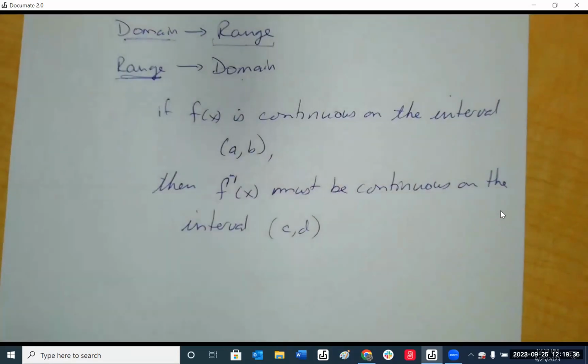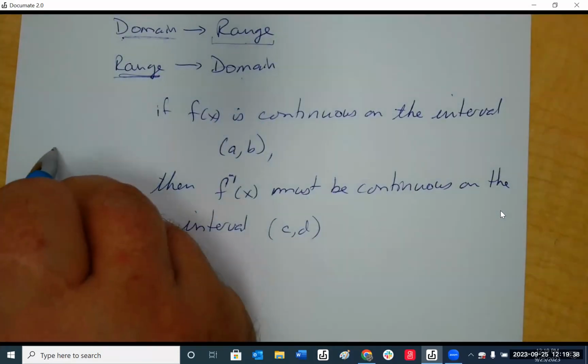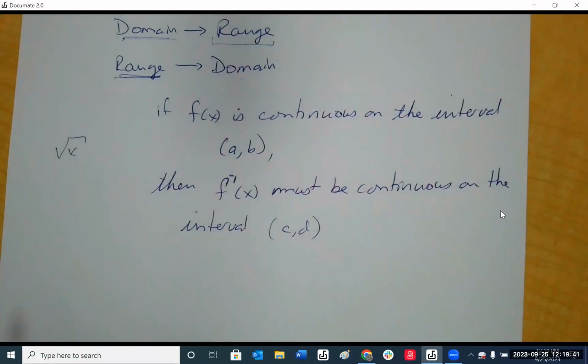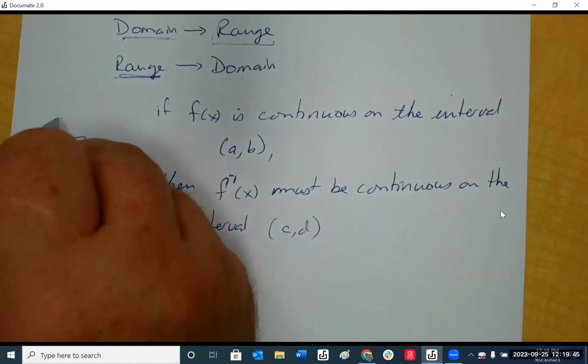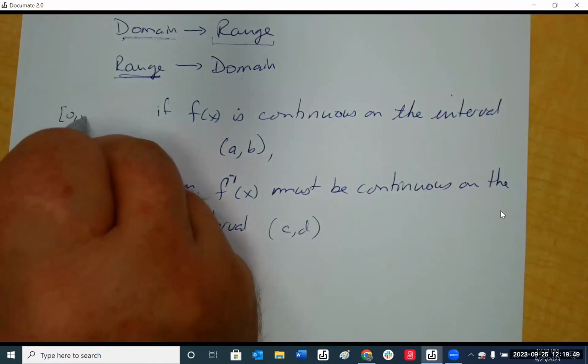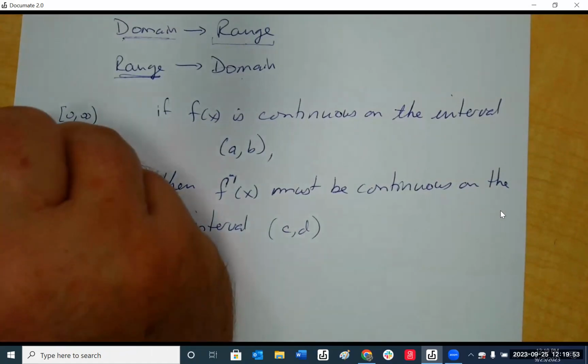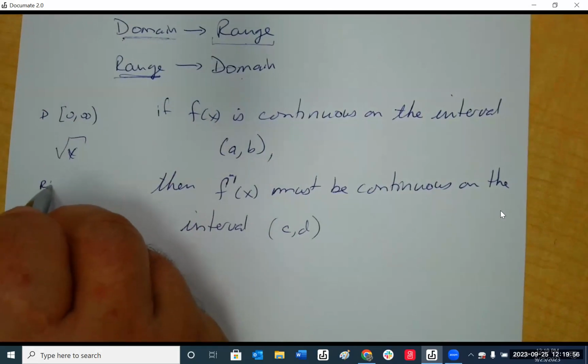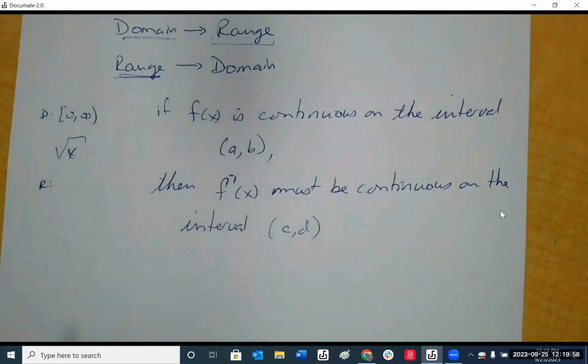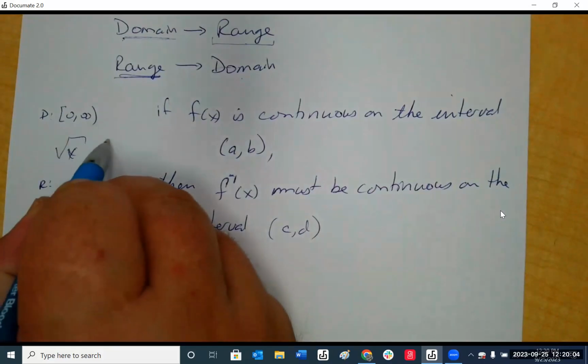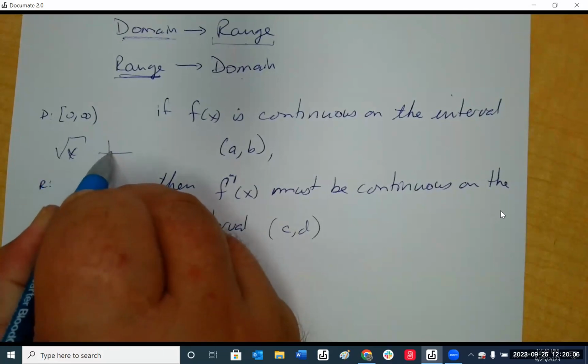So, for radical x, I know that my domain is from 0 to infinity. That's my domain. What's my range? Remember, a radical function looks like this.